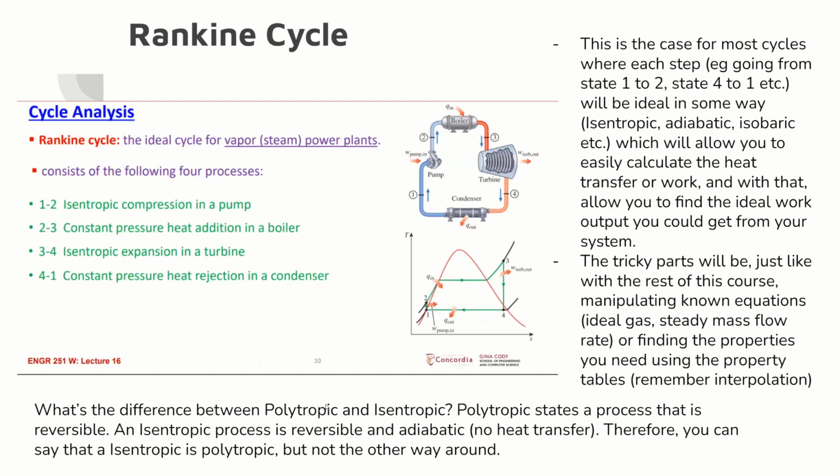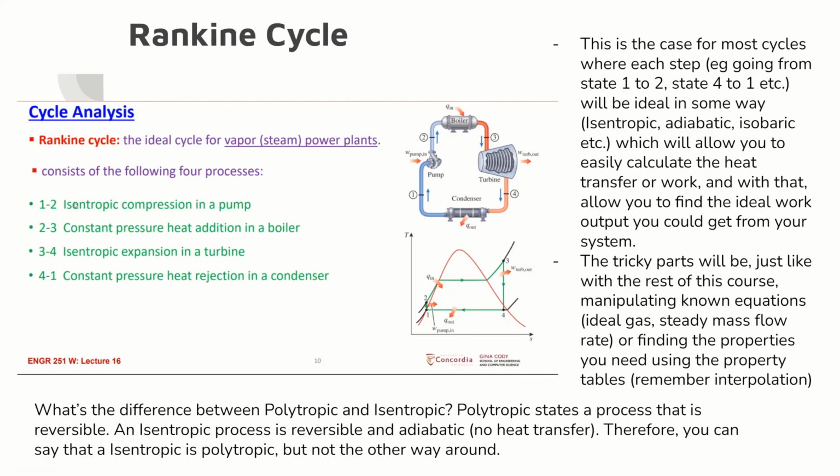Okay, so polytropic and isentropic, just to go back if you didn't know this. There's a difference between the two. Polytropic means that in between two states, it's reversible. So if you're going from state 1 to state 2, if it's polytropic, you can go from state 2 back to state 1. Isentropic is the exact same thing, but it's also adiabatic, so there's no heat transfer.